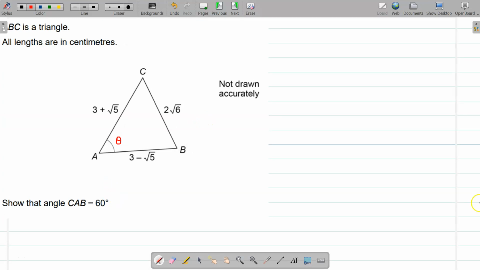Okay, so now we use the cosine rule, and we say that this squared equals that squared plus that squared minus 2 lots of that times the cosine of theta.